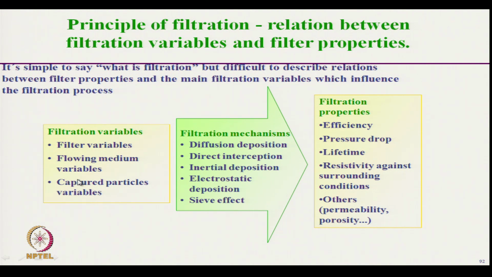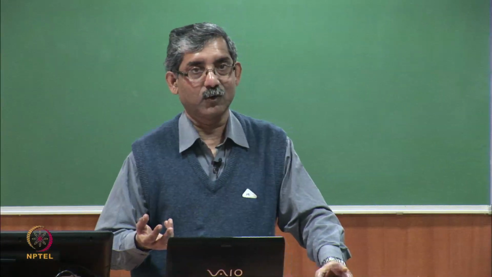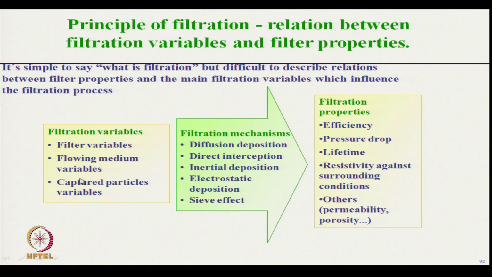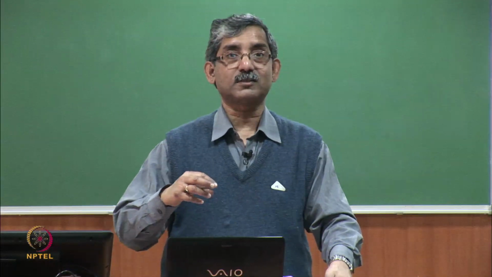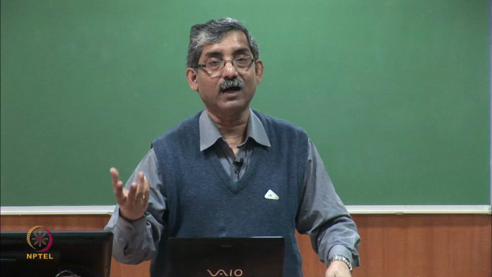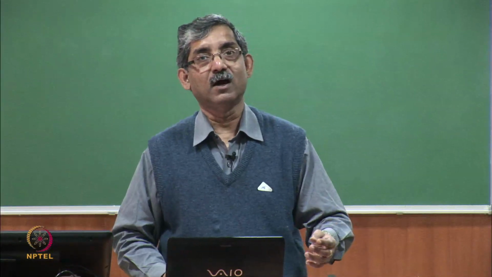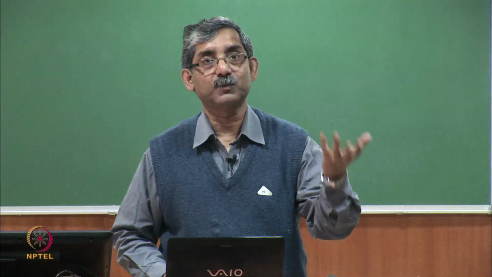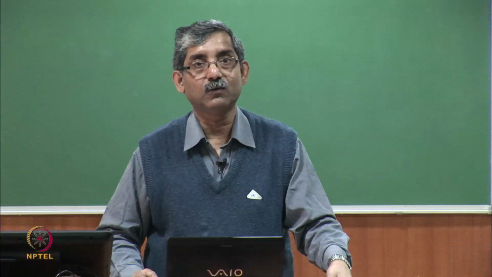If we try to select a filter, we must know for which application, whether we want to use it for a very sophisticated application or whether the dust load is high. Do we want to use it for the cement industry or textile industry or maybe high performance, like a hospital. Those are the information one should have.